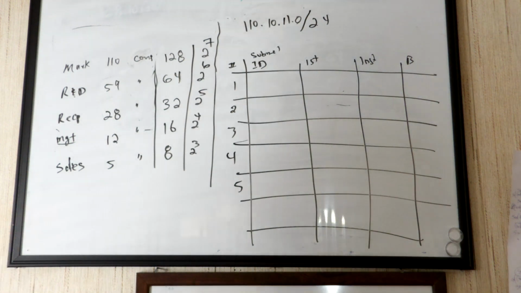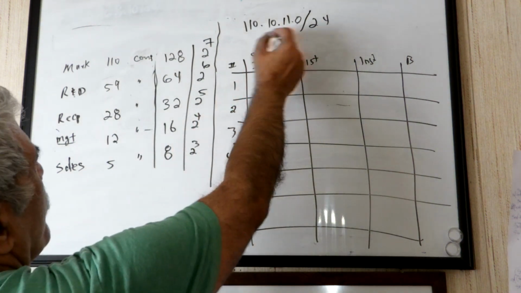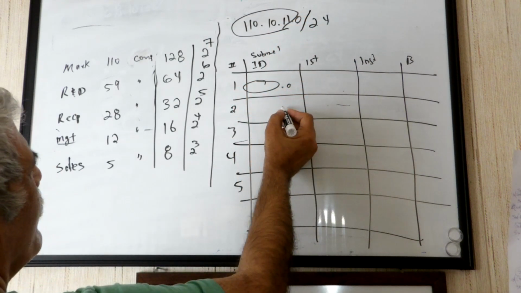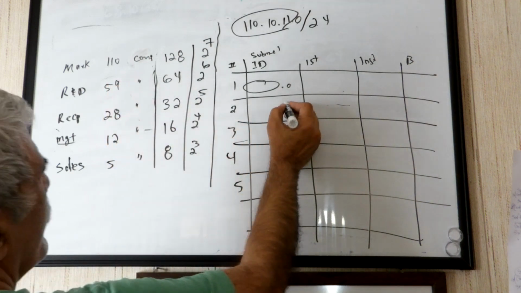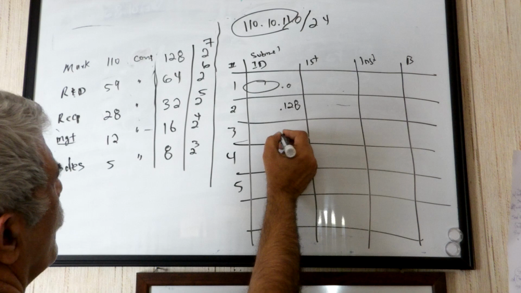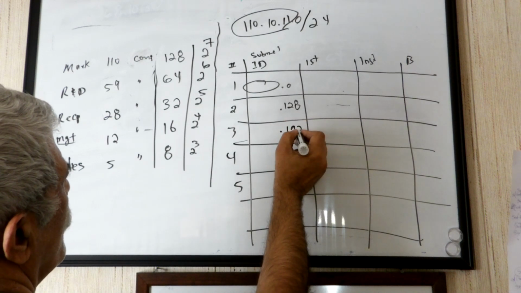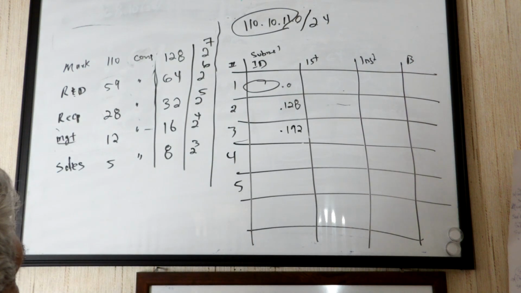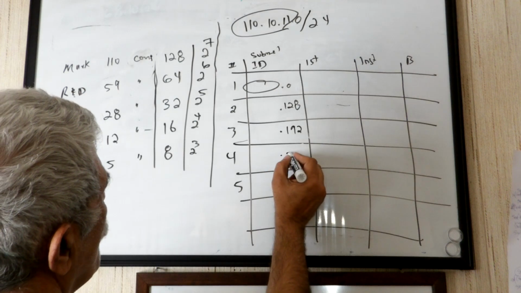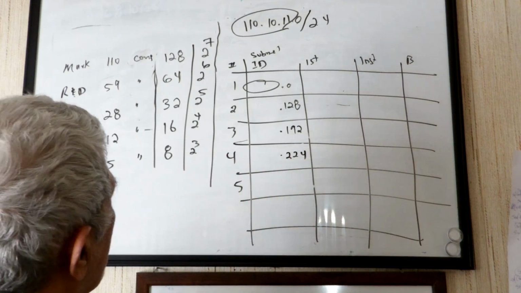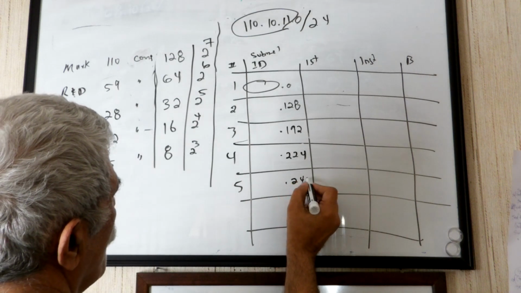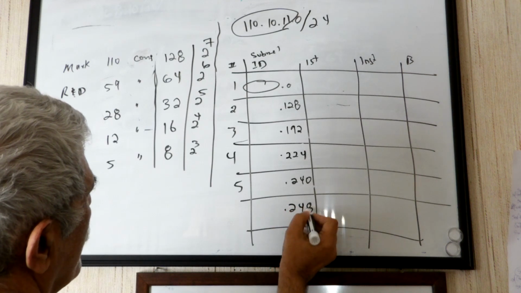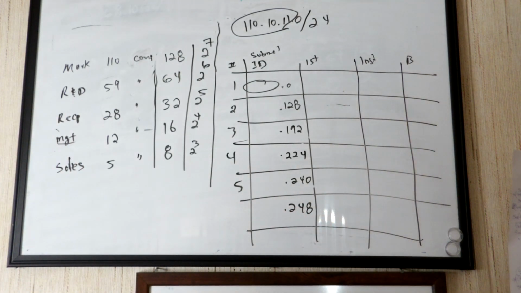So we start from this one, subnet ID. This is going to be 0, and then 128. From 128, adding 64 is going to be 192, and then 32 is going to be 224, and then 16, we got 240, and then 248.